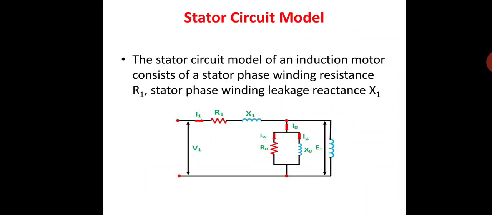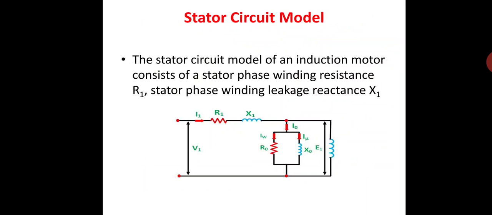Let us see first the stator circuit model of an induction motor. This is the stator part. Just like in a transformer, this is the primary winding. Here the stator winding is connected to the supply V1. When you give the supply, a current I1 flows through the winding, which causes a self-induced EMF in the coil, represented as E1.